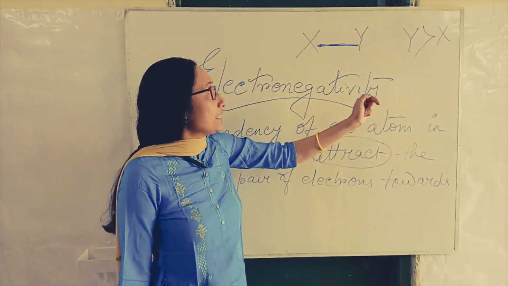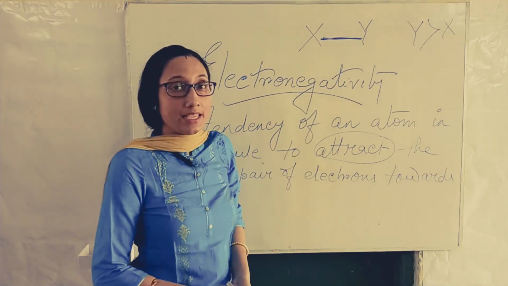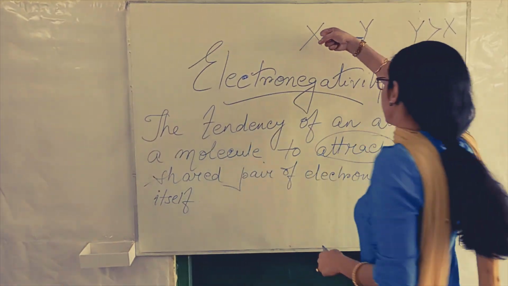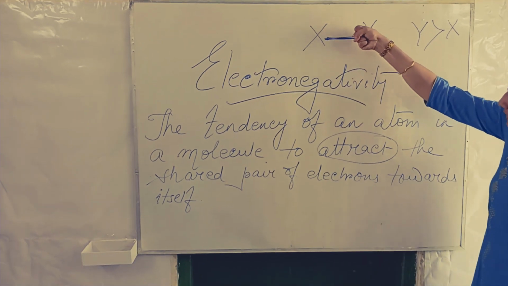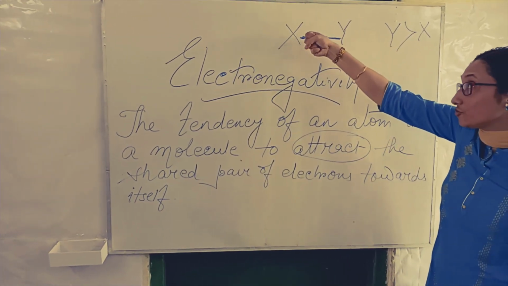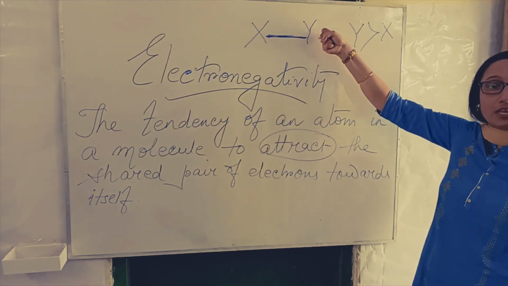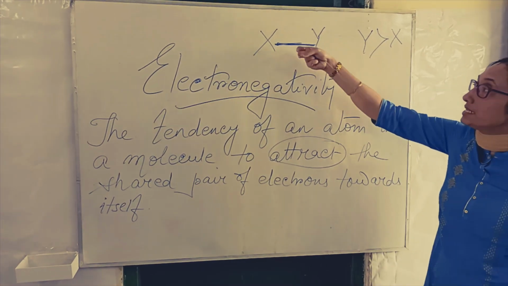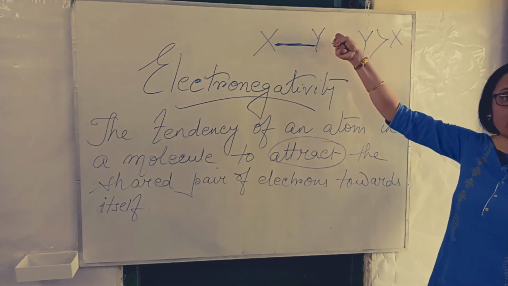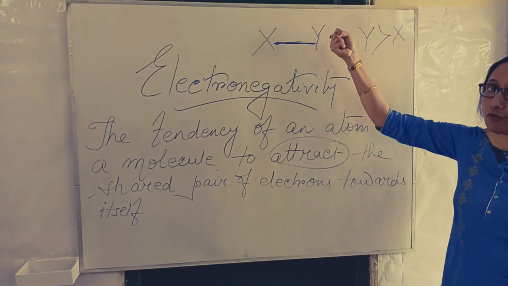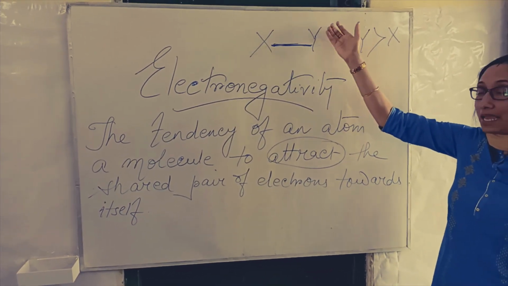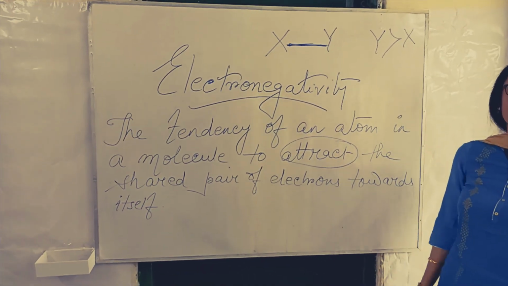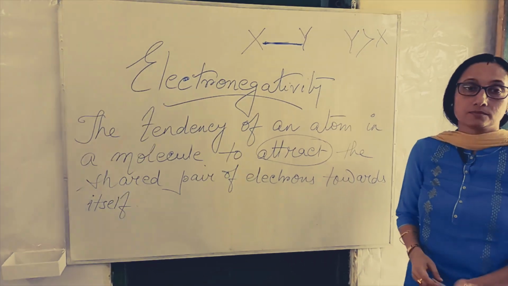It signifies that this Y has a greater tendency to pull or attract the shared pair of electrons towards itself. Now suppose if Y is pulling this shared pair of electrons towards itself, Y will become delta minus and X will become delta plus.